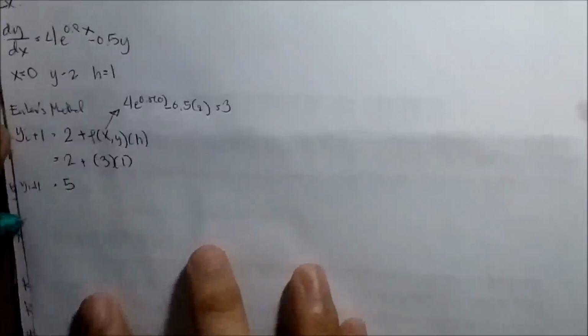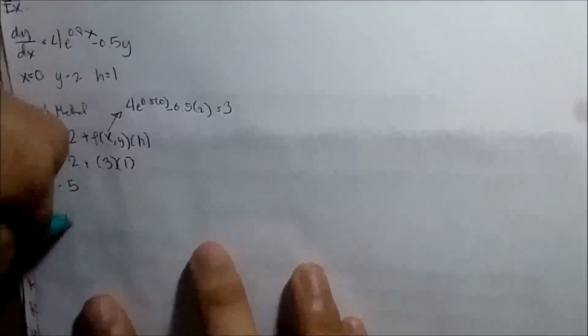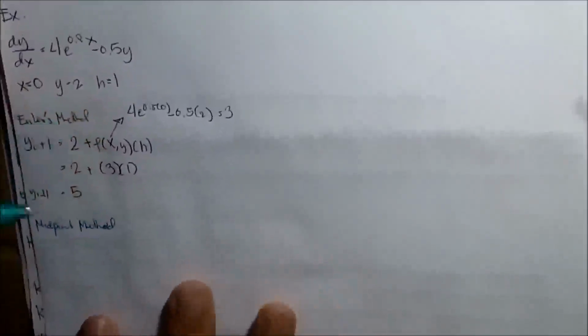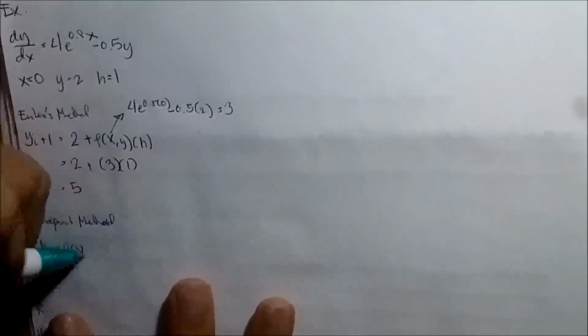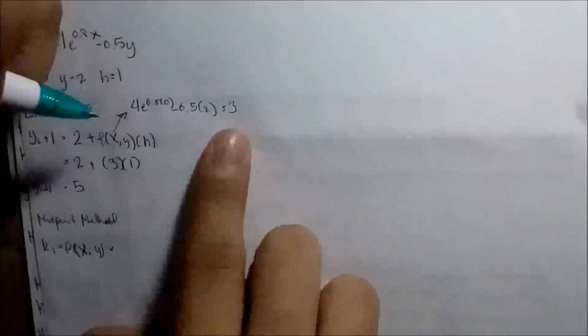Next is the midpoint method. Get the K1, f of x and y, which means that 3.